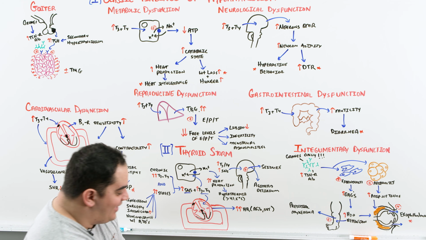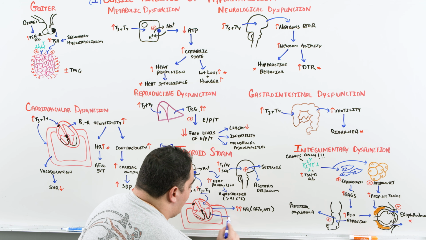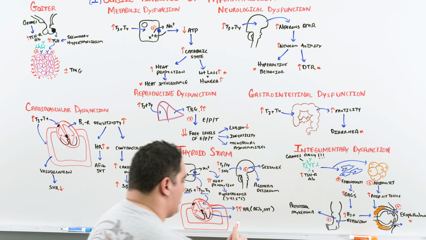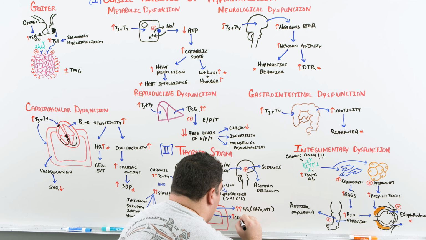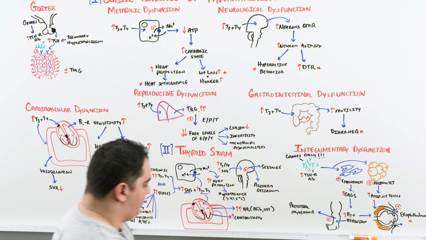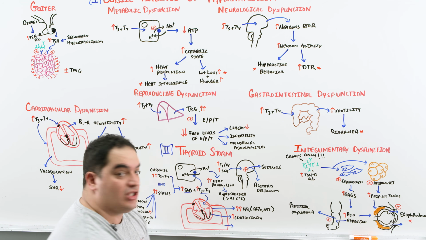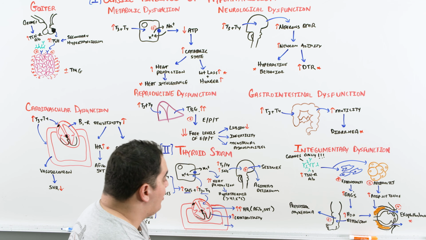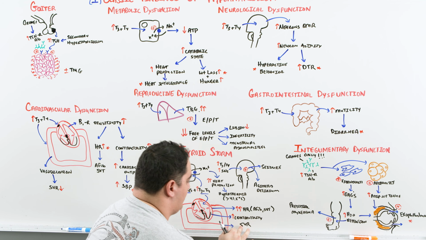The other thing, and this is what's crazy, and I wanted to come back to this, it can do something very interesting. Remember I told you it contracts the heart like a son of a gun. So you're going to get an increase in your contractility. The other thing it's going to do is it acts on your blood vessels, and it causes your blood vessels to become crazy vasodilated. So then you're going to have a drop in the systemic vascular resistance.